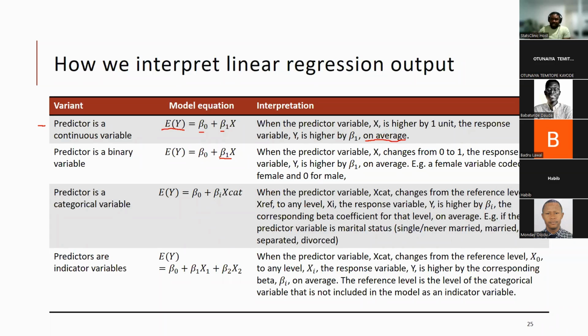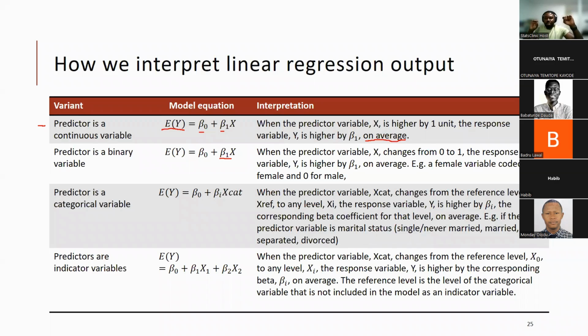As you go from 0 to 1, that means as you go from male to female, beta 1 is the change or the difference between the averages. So say the working hours in male is 70 hours.